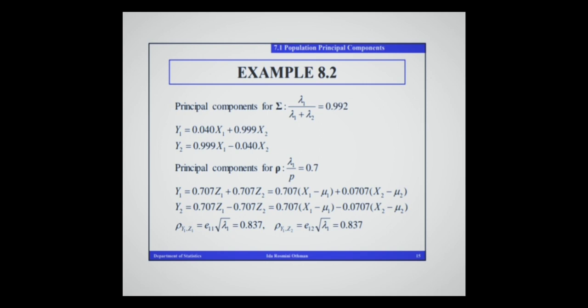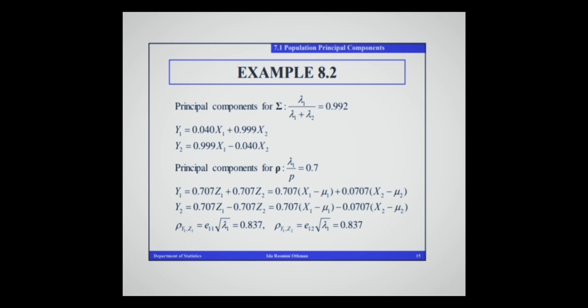One more thing I want to explain about this proportion. Before this I forgot to tell you, the proportion of the standardized data, or of the population variance, is actually to determine the degree of variation in the data contributed by each of the PCs. So we want to see how much variation in the data is contributed by each of the principal components.